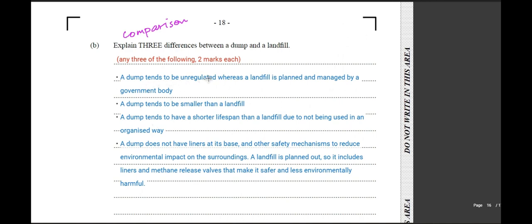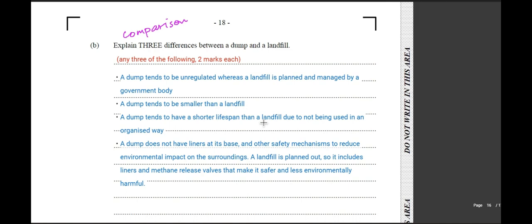So a dump tends to be unregulated, whereas a landfill is planned and managed, right? By some kind of, usually a government body, in the Caribbean in particular. A dump tends to be smaller than a landfill, so it goes back to that whole aspect of taking up a lot of land space, right? And it tends to have a shorter land lifespan, right? Because it's not used in an organized way.